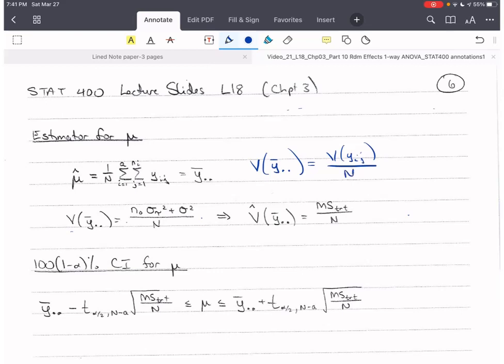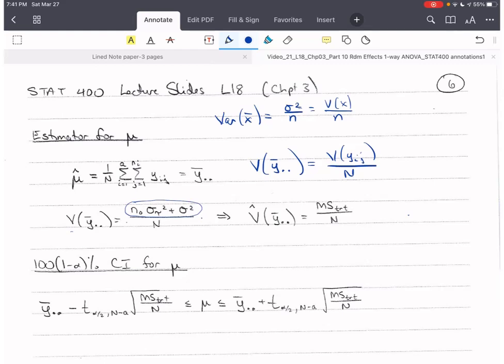Remember that the variance of x bar is equal to sigma squared over n, so we're doing the same thing. The variance of yij divided by n, where the variance of yij is n naught sigma tau squared plus sigma squared.